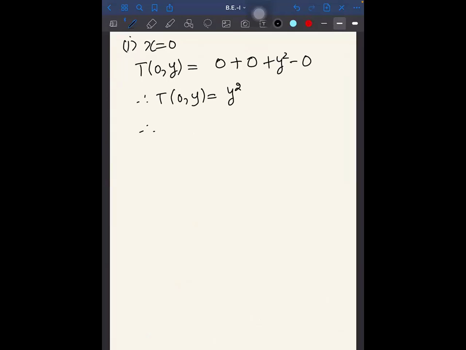Now if you take the derivative, this becomes 2y, which is equal to 0. So y = 0, and the point is (0, 0).